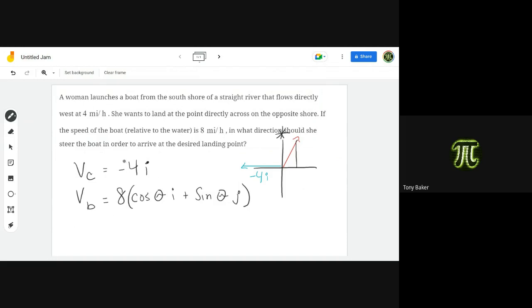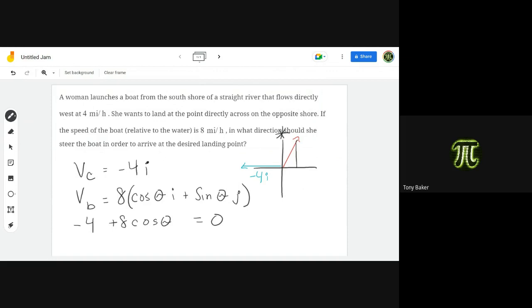So if we take the two i terms, negative 4i plus the 8 cosine theta i, that has to equal 0. Since we're just looking at the i terms, I can in essence eliminate the i's. So negative 4 plus 8 cosine theta has to equal 0.